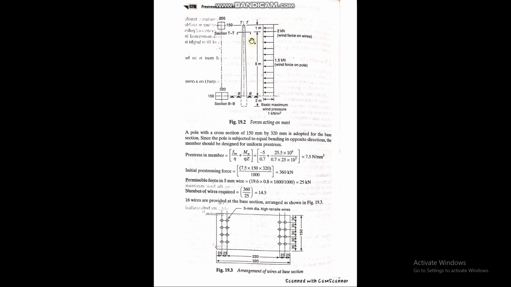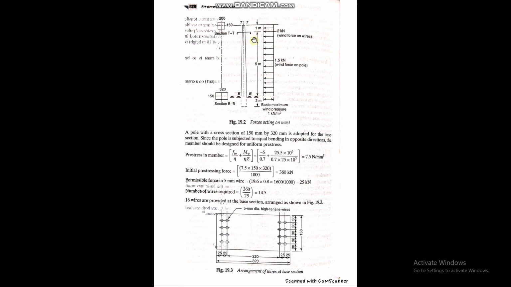There is also a wind load that will be acting on the transmission wires. This transmission wire has a certain diameter, maybe 5 millimeter or 10 millimeter. Over a long length, since these prestressed poles are spaced apart by 50 meter, 100 meter or more, that huge length of 5 or 10 millimeter diameter wire will experience certain wind blast.